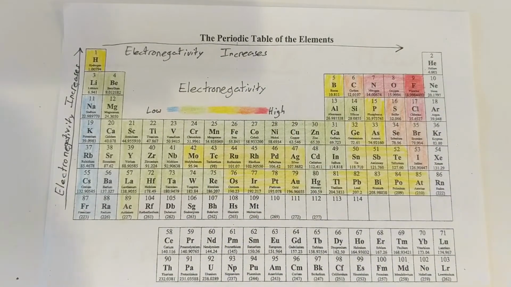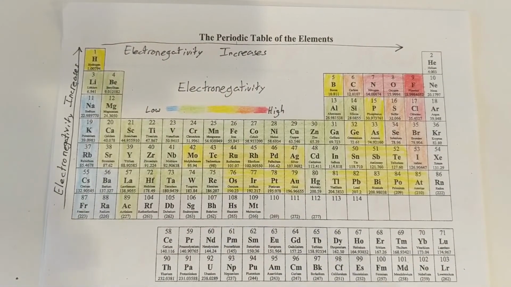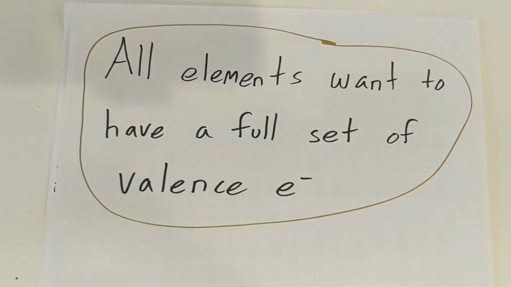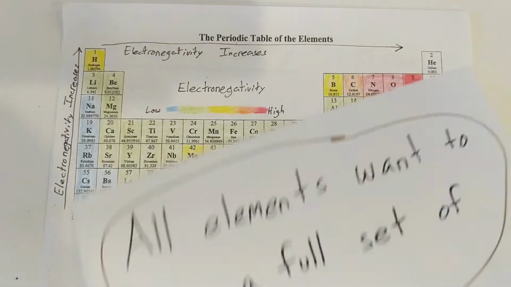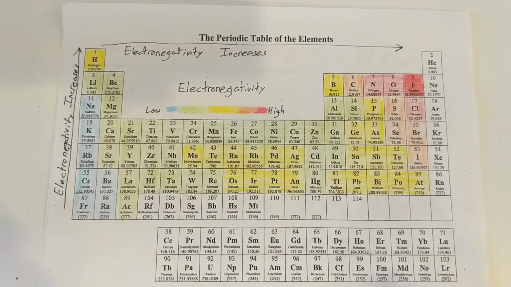And then you might notice, look at my noble gases. They don't have any electronegativity, and that is because, remember what we said about our dreams? Our elements have dreams. All elements want to have a full set of valence electrons. Our noble gases already have that full set, so they have no need at all to steal any more valence electrons.